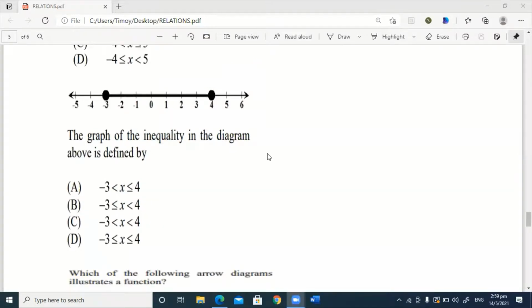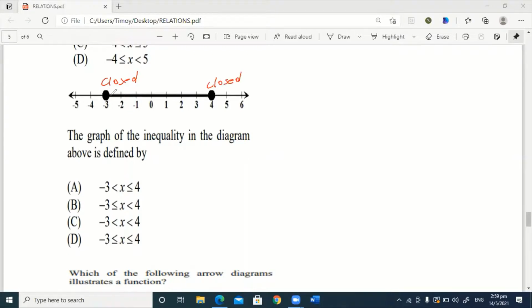To our next question, it's another inequality question. It says the graph of the inequality in the diagram above is defined as here. What do you have? You have a closed circle here. So it is closed there and it is also closed here.